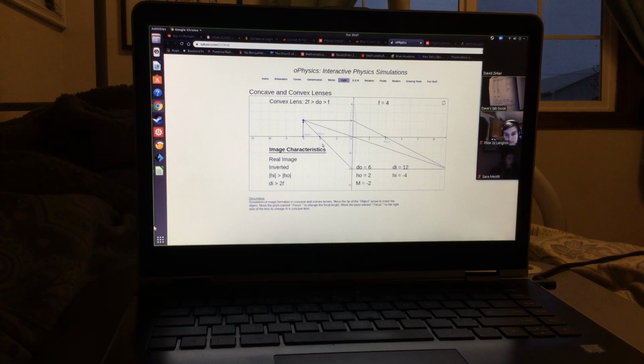But if we take the absolute value of the magnification, if it's bigger than 1, then it's being magnified. So if you look at my screen, the magnification is -2.